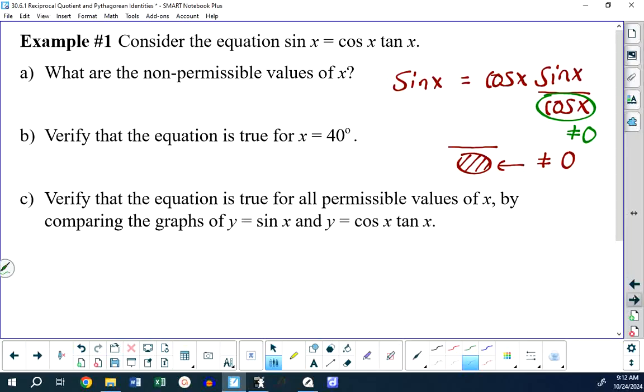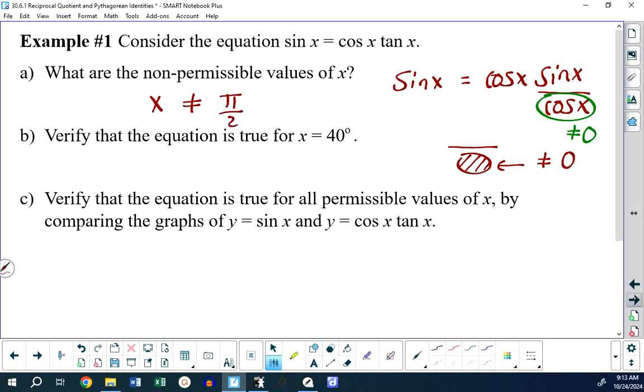So where is cosine of x 0? This is why the understanding of the unit circle is so important. Cosine of x is the x coordinate. It's 0 here and here on the unit circle, at the top of every rotation and the bottom of every rotation. So for non-permissible values, I like to say x is not allowed to be, that way it's unambiguous.